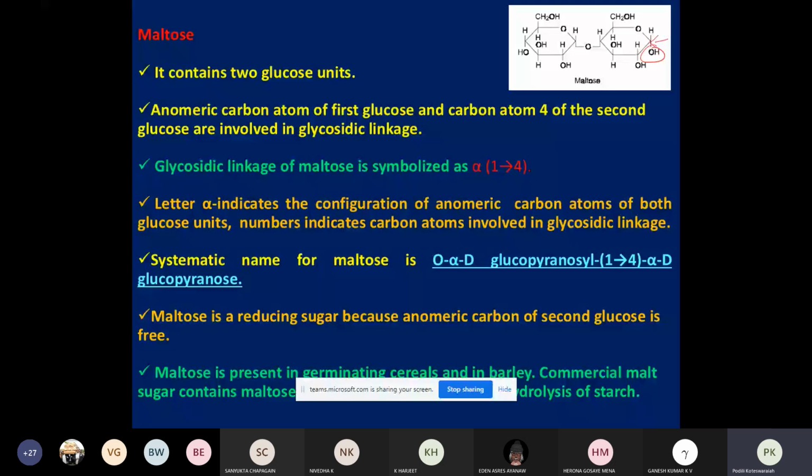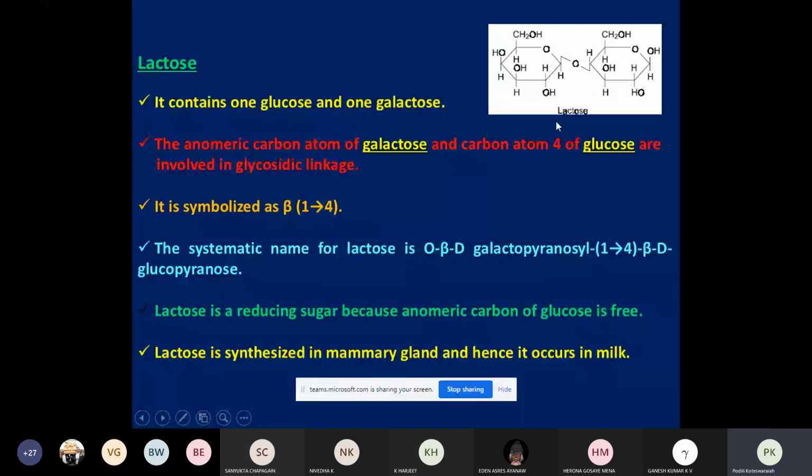Coming to lactose, lactose is composed of glucose and galactose, and of course galactose is the first residue here. These two, the galactose and the glucose residues, are connected by the beta-1,4 glycosidic bond. You can see here, this is the first carbon and the fourth carbon. Here the linkage is the beta-1,4 glycosidic linkage.